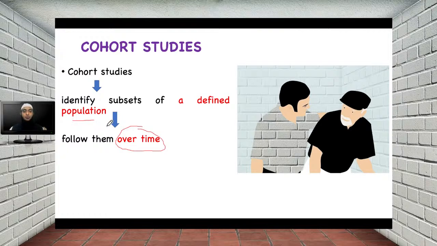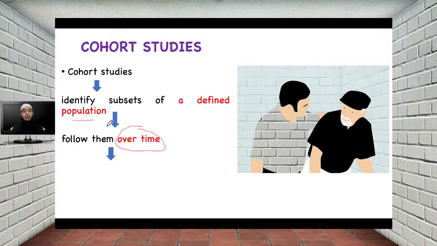Now you are taking continuous follow-up over time, collecting information on whether they suffer any adverse effect, or any signs and symptoms of the associated disease.